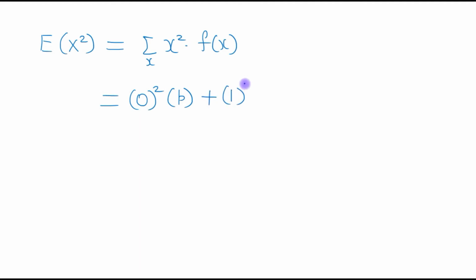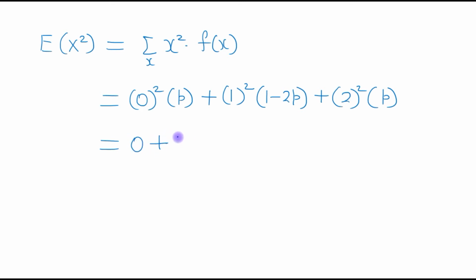This will be 0 square times p, plus 1 square times (1 minus 2p), plus 2 square times p. 0 plus 1 minus 2p plus 4p, and this will become, sorry, it will be 1 plus 2p. Okay, so we have calculated E(x) and E(x square).